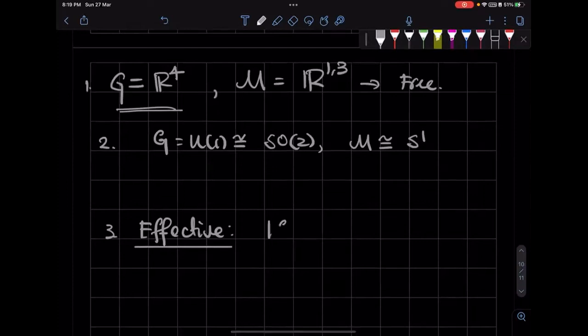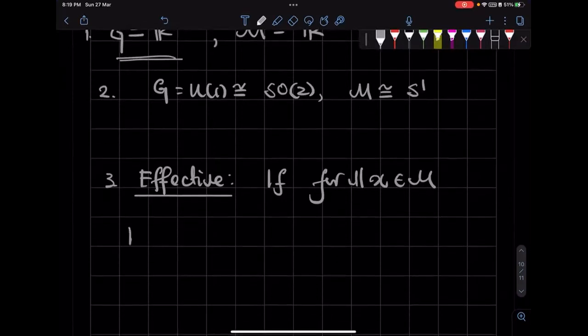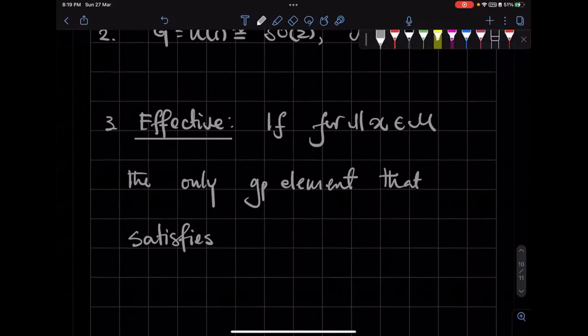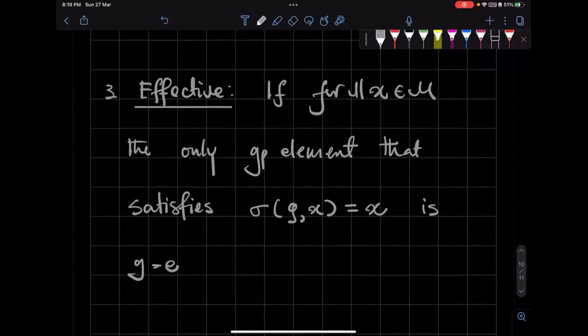If for all points on a manifold, for all, not just there must exist one, the only group element that satisfies G acting on X giving you X is G equals E, then the action is effective.